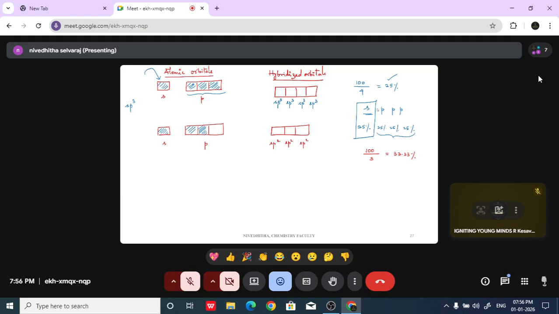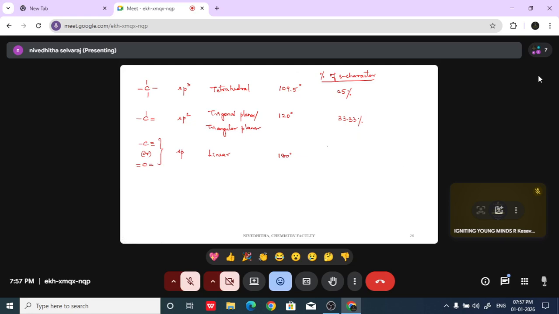As far as sp hybridization is concerned, how many orbitals were involved in hybridization? 2, ma'am. Very good. So 100 divided by 2 is 50. So percentage of s character is 50. That's it. Okay. So we are done with percentage of s character.